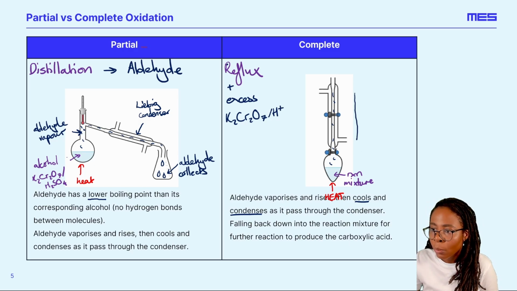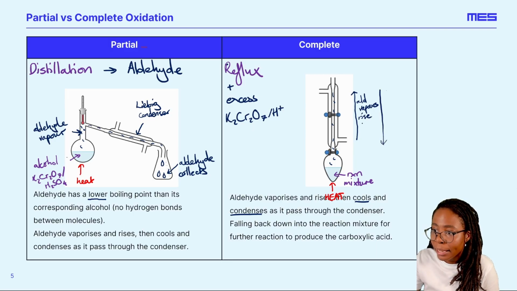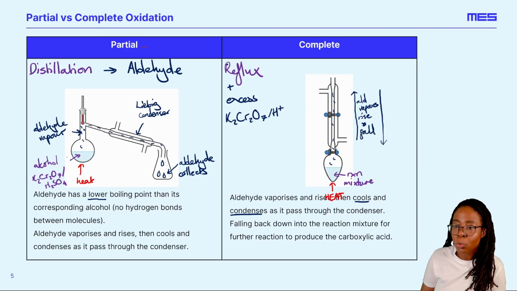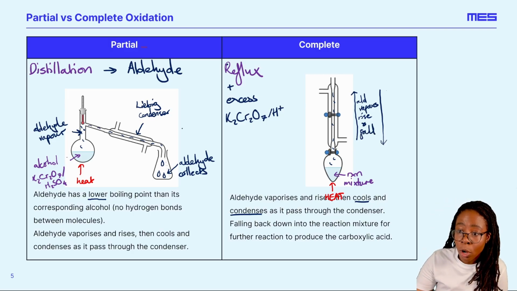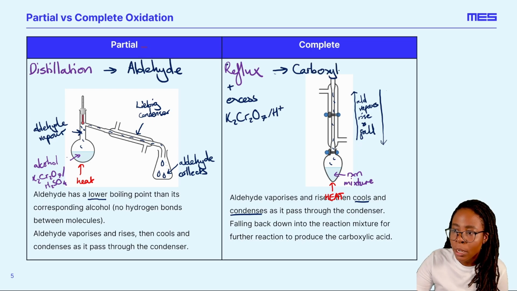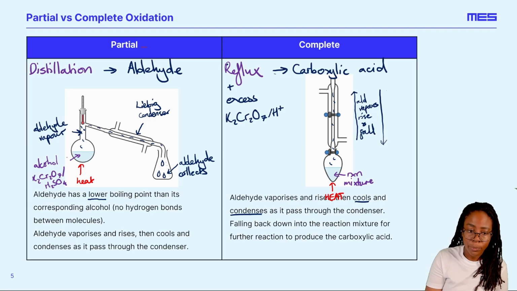So here we've got our aldehyde vapors rise and they fall back down once they are cooled and condensed. So if we want our aldehyde, distillation for partial oxidation; if we want our carboxylic acid, reflux for complete oxidation.